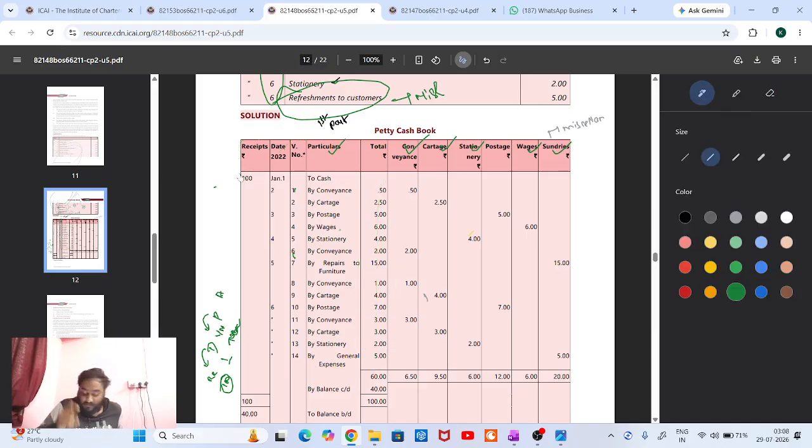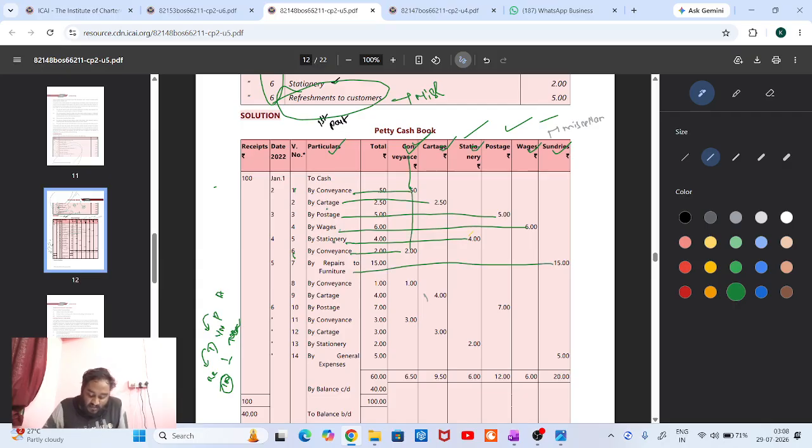Then conveyance. You have written all the accounts, right? Cartage, postage, wages, stationery. Conveyance again. Repairs to the furniture is miscellaneous. You can also write the name of the item here.